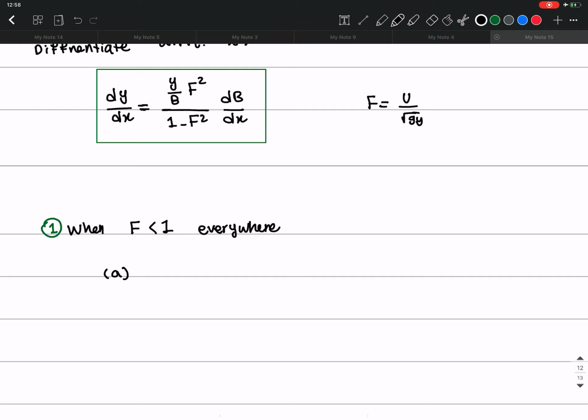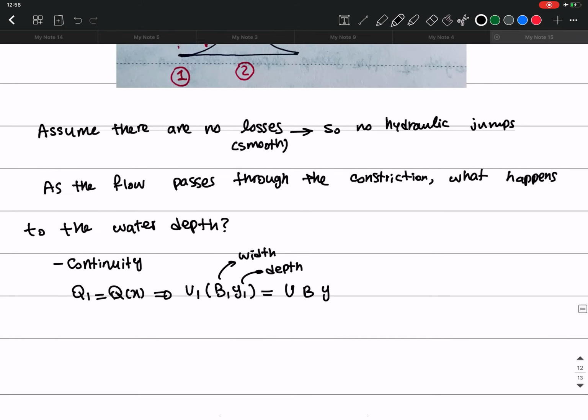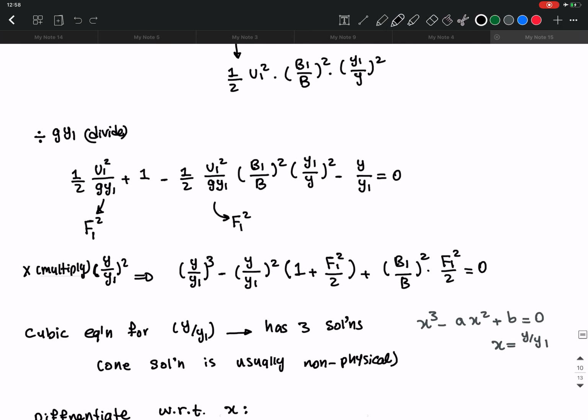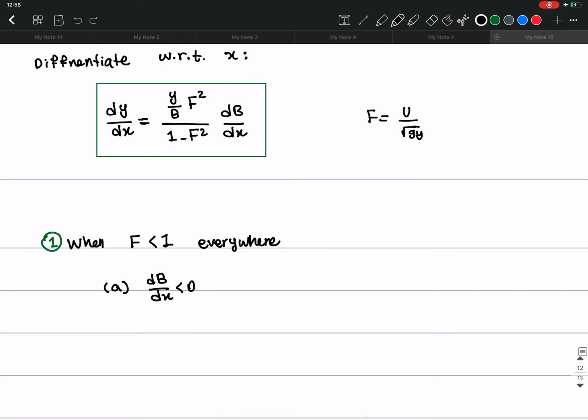Condition 1 is when dB over dx is smaller than 0. What does that mean? This means that b is constricting, b has to become smaller as the flow goes in the streamwise direction. So we have constricting or contracting.